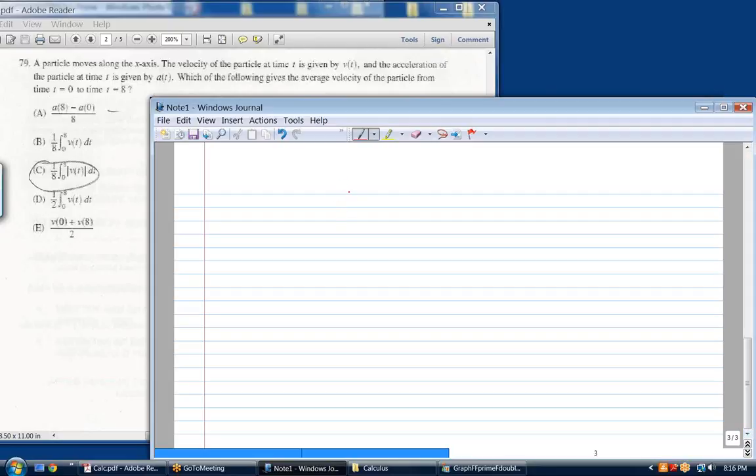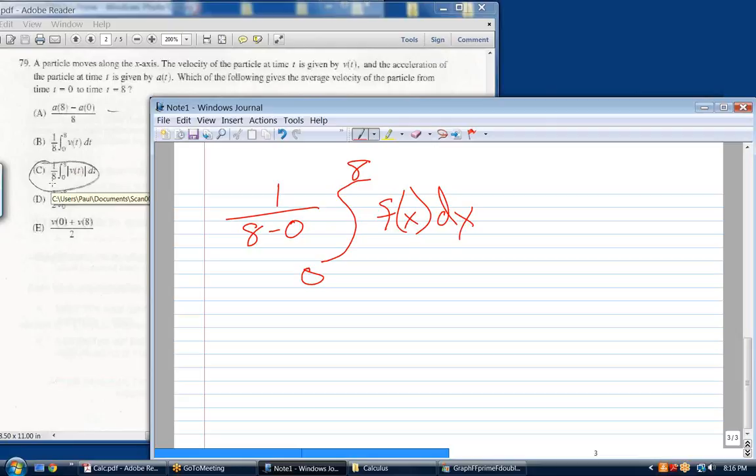Well, we know that the average of any function is the integral of that function evaluated from 0 to 8 divided by 1 over b minus a, which is that. So it's 1 over 8 times the integral from 0 to 8 of the velocity function dt.